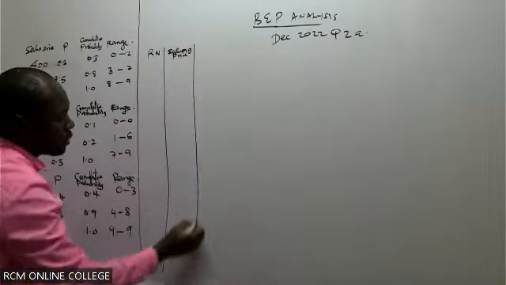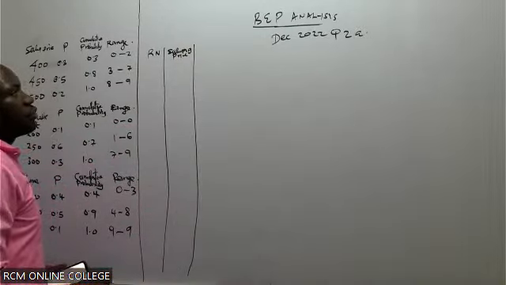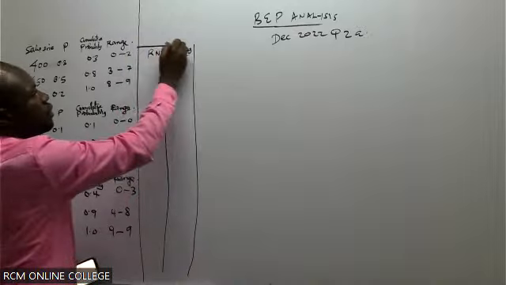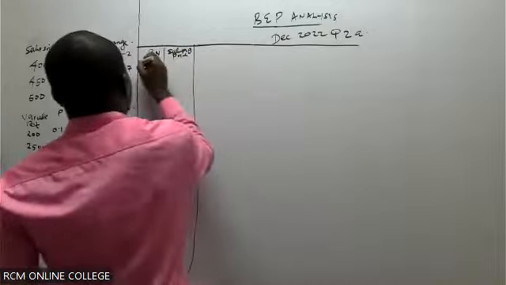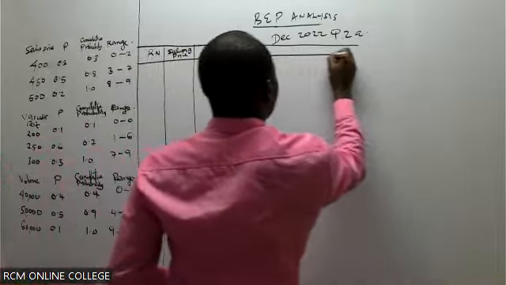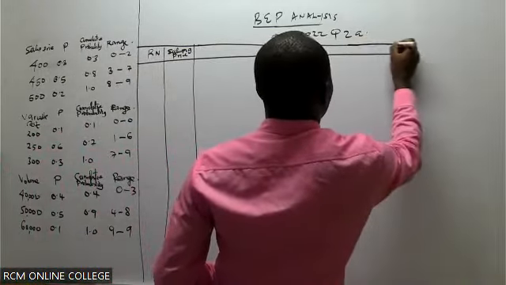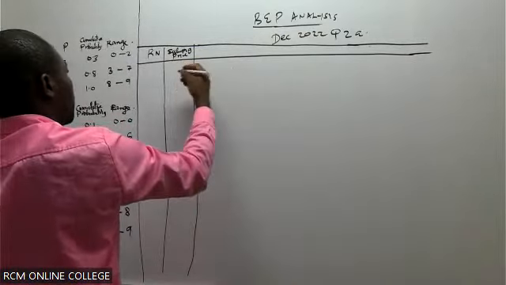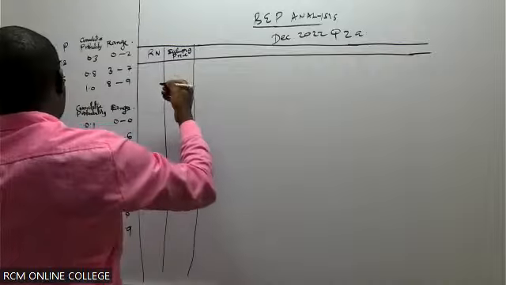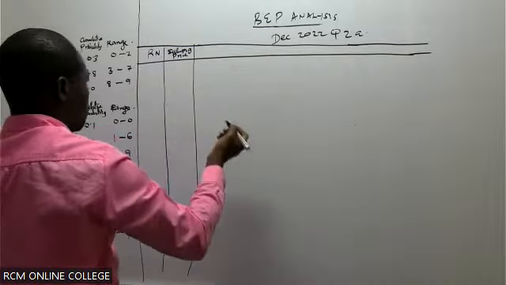We get the selling price. From this selling price you need to deduct the variable cost here for you to be able to get contribution margin.